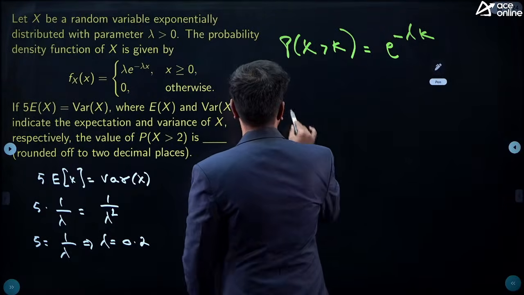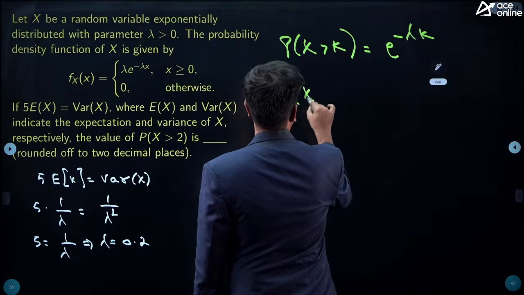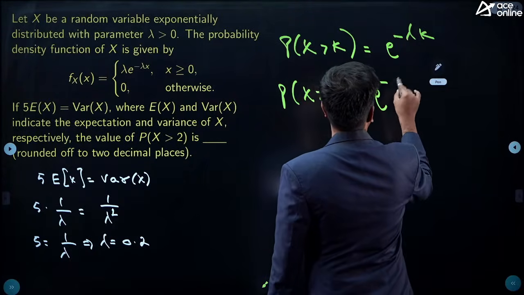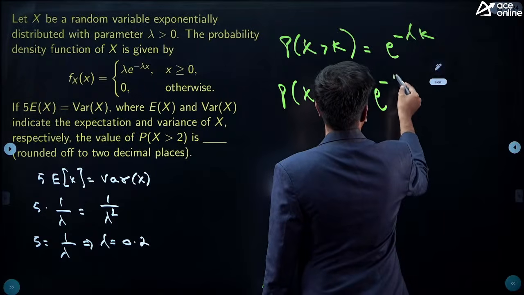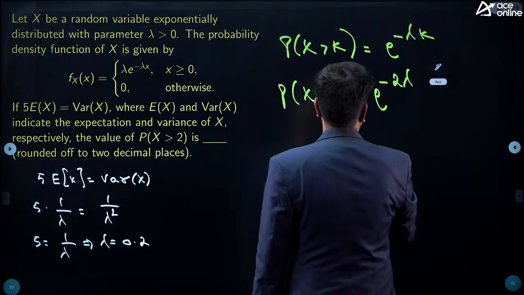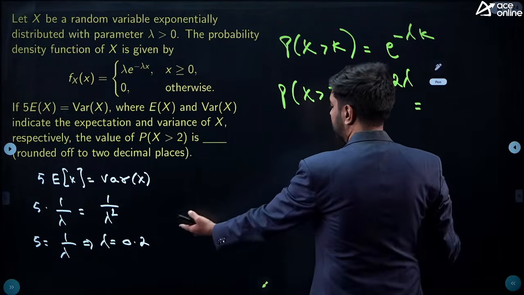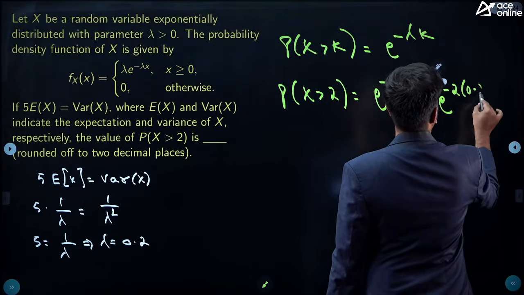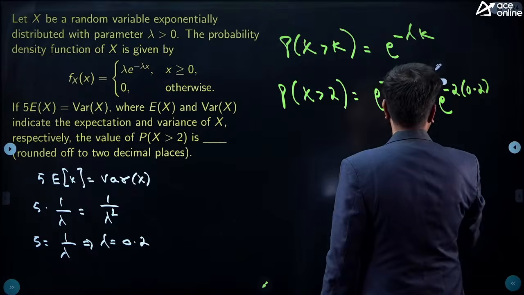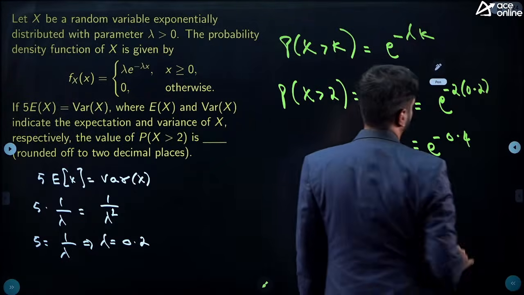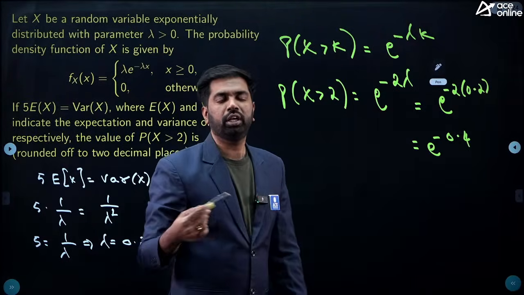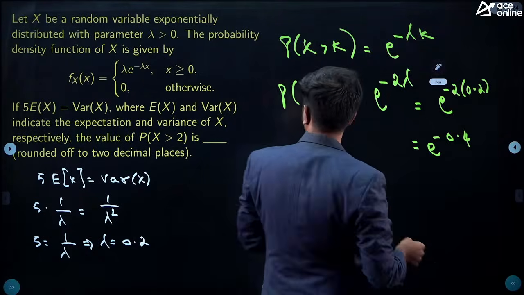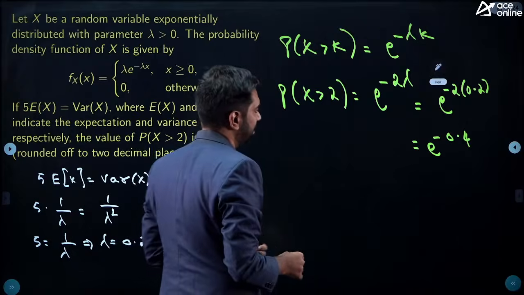Now what is asked is the probability of x greater than 2, which is e power, in the place of k put 2, so it is e power minus 2 lambda. And then we have just now extracted lambda, so this is e power minus 2 into 0.2, which is e power minus 0.4. Now you have to use the virtual calculator, get the decimal value for this, and then round off to 2 decimal places.